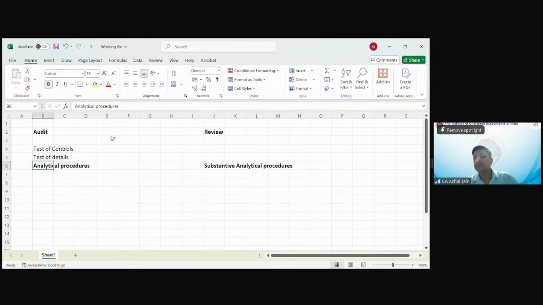Can somebody explain? Sir, comparing and checking trends. Very good. Comparing and checking trends. What else do you have? Tell me quickly.